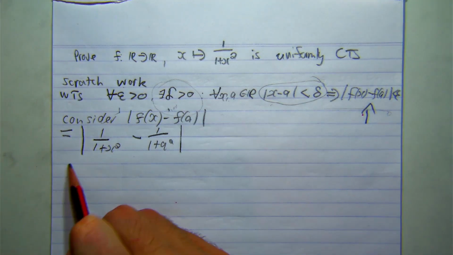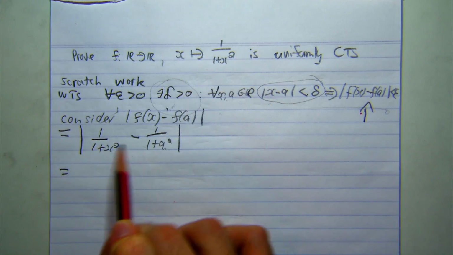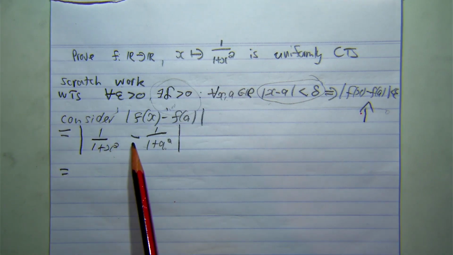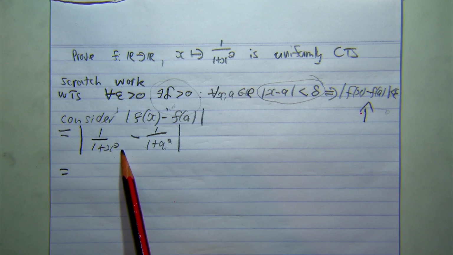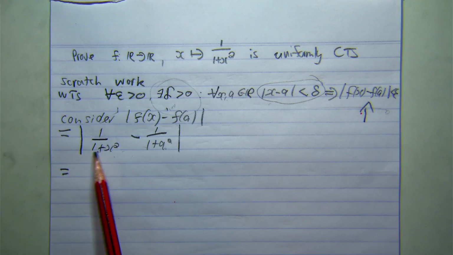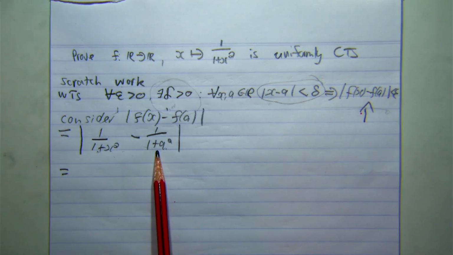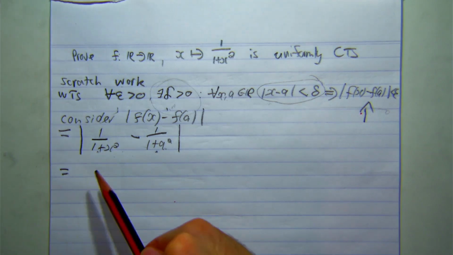So let's progress by joining this together. If we give them the same denominator, then we can just take the difference of the numerators. So let's multiply this by 1 plus a squared and this by 1 plus x squared, and then we'll have the same denominator.